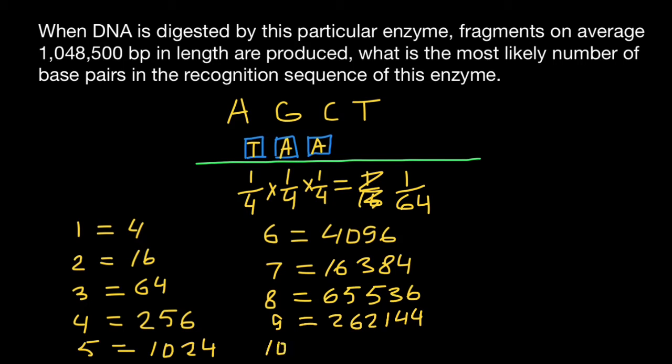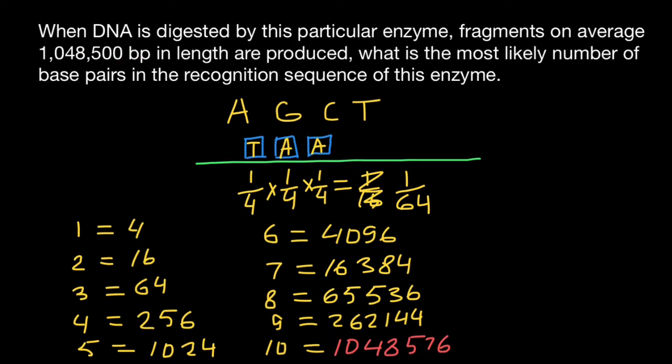And with 10 base pairs, again we have to multiply this number by 4, and we are going to get 1,048,576. And as you see, this number is very close to the number in our problem, but not exactly the same, but very, very close.